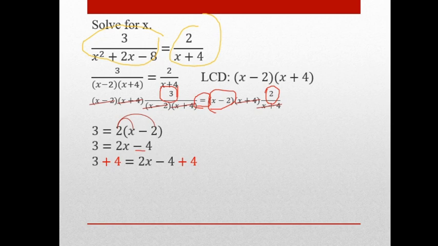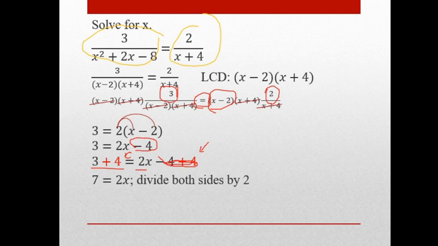Kailangan mawala si negative 4. So, ano ginawa ko? Naglagay ako ng plus 4. Pero, equation siya. Equal. Ibig sabihin, ano ginawa mo sa kanan, yun din yung gagawin mo sa kaliwa. Nag-plus 4 ako sa kanan, magpa-plus 4 din ako sa kaliwa. So, when we simplify that, mawawala na to. Negative 4, tsaka positive 4, makakancel na nila yung isa't isa. So, matitira na lang natin ay 7 equals 2x.